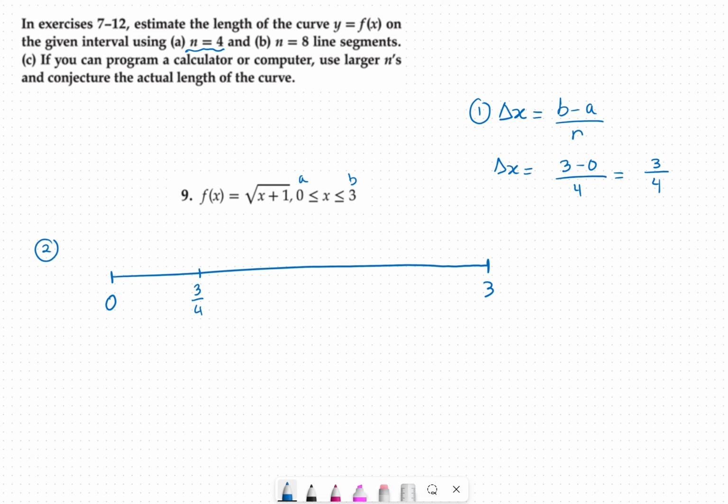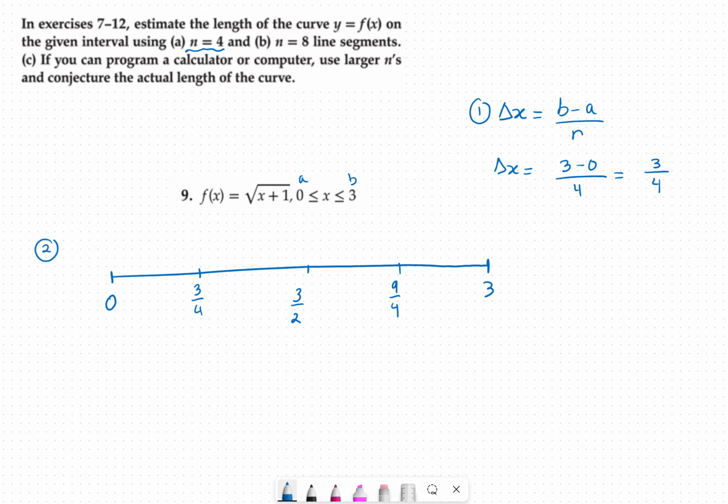Now again, 3 over 4 plus 3 over 4 will give me 3 over 2. Then again, 3 over 2 plus 3 over 4 will give me 9 over 4. Now again, 9 over 4 plus 3 over 4 will give me 3.